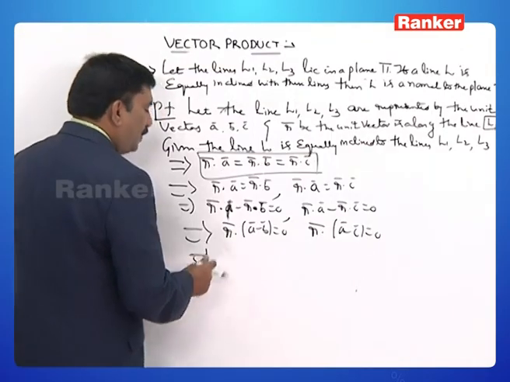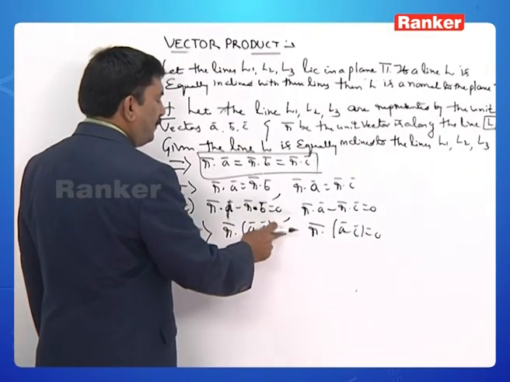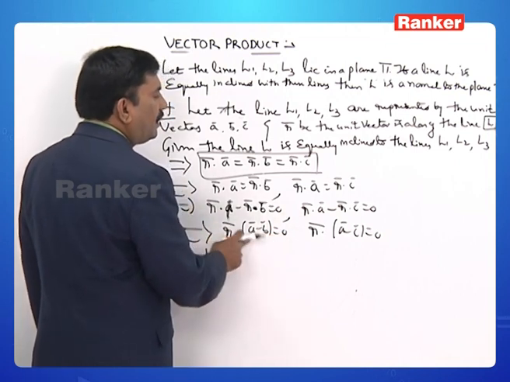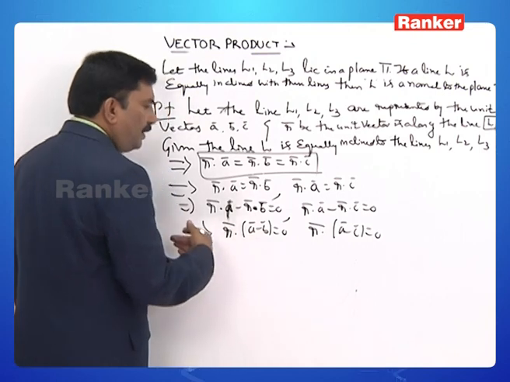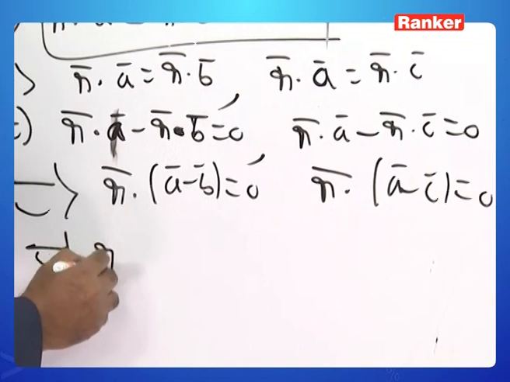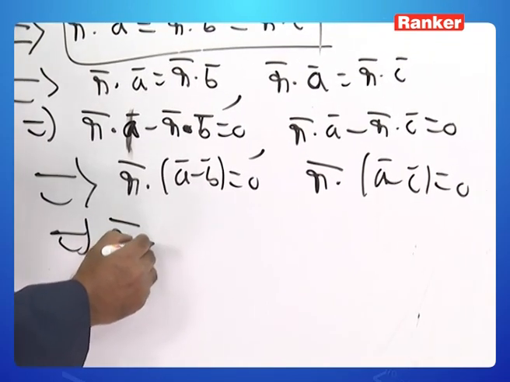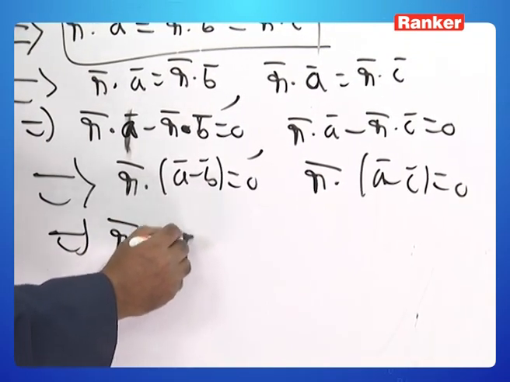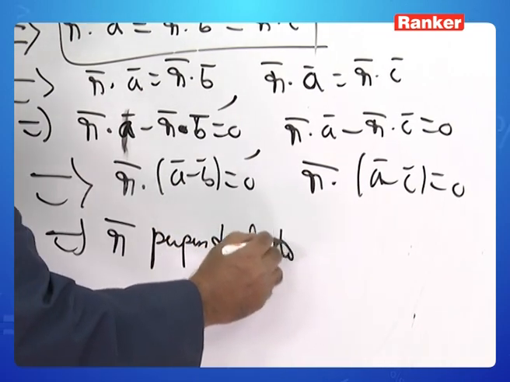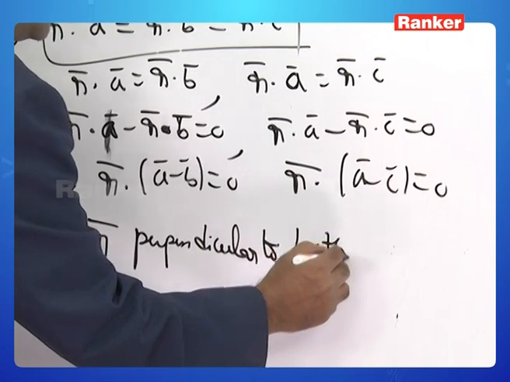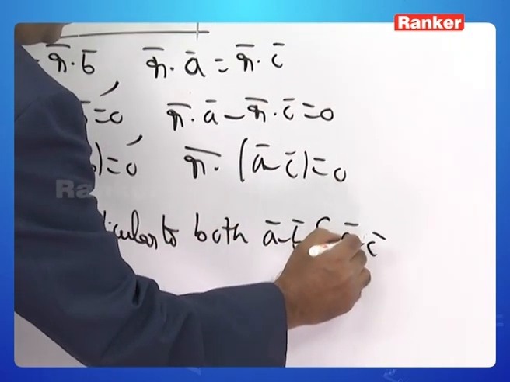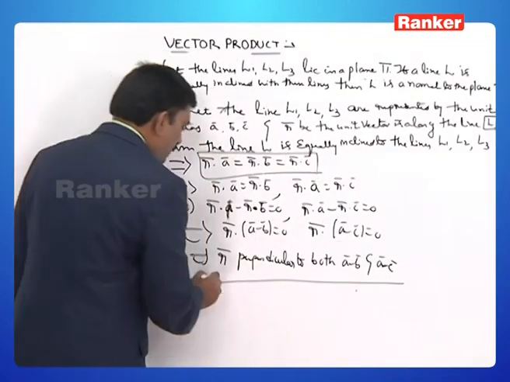Whenever the dot product of any two vectors is equal to 0, they are either perpendicular or one of them must be a zero vector. It cannot be zero vectors here. They must be perpendicular, which implies r bar is perpendicular to both a bar minus b bar and a bar minus c bar.